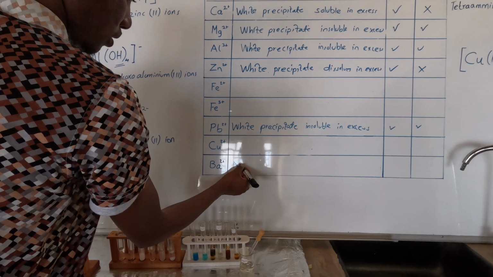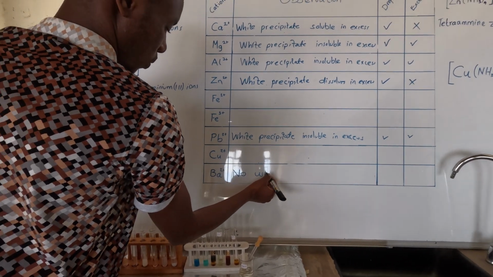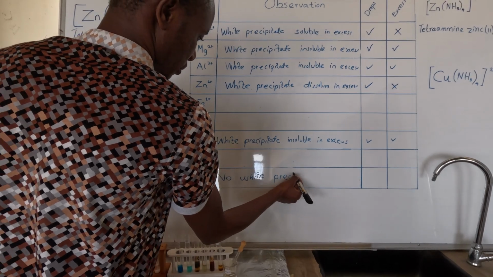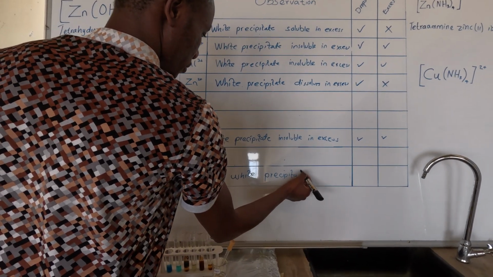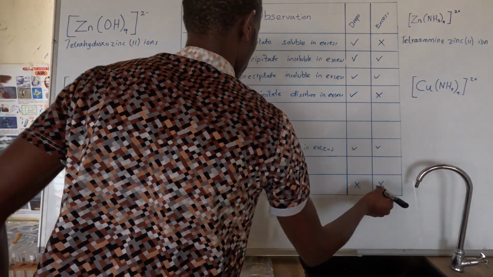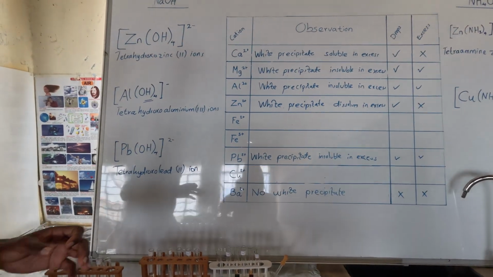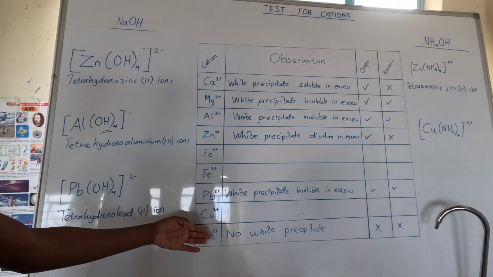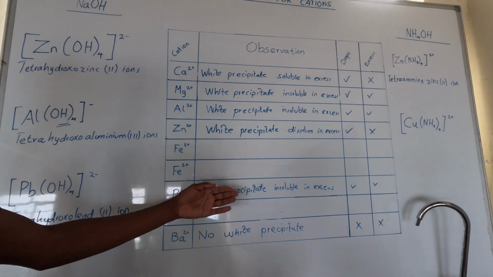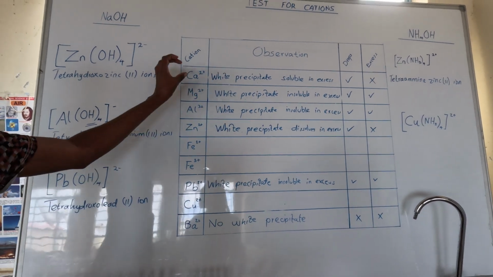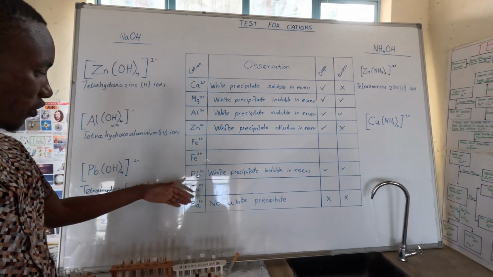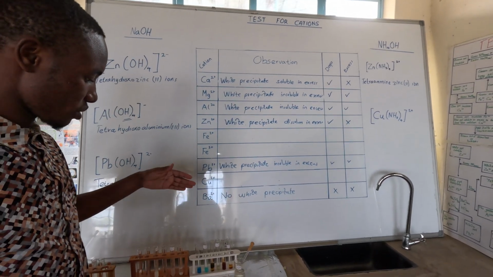So no white precipitate. Now, for calcium and barium, in excess of ammonia, there is no white precipitate. And mostly in the examination, they'll just tell you to add excess of this ammonia solution.